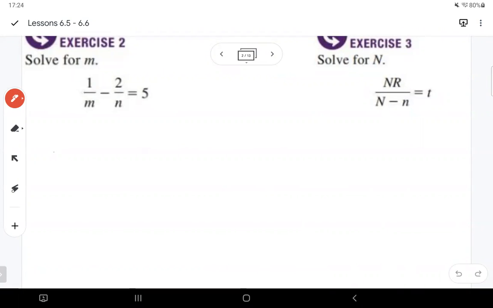I'm not sure how these two are considered an application, but we will go with it. The LCD here is just m times n. So multiply each piece by the LCD. Figure out what's left.